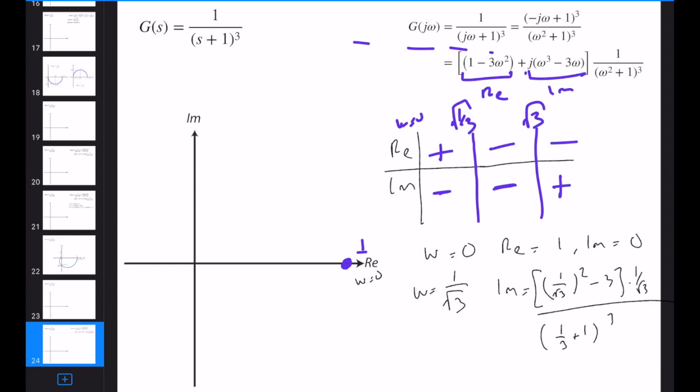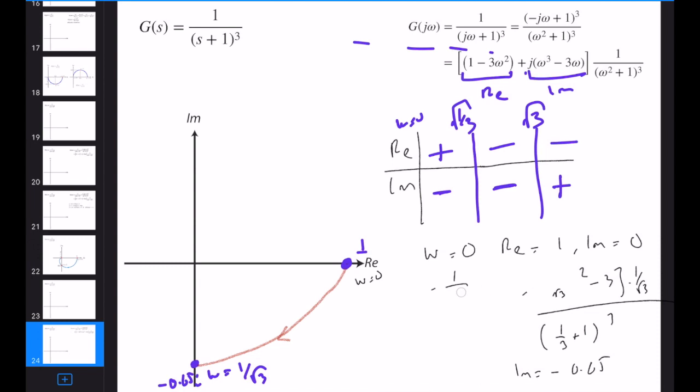If we do all of the computations, which is kind of ugly, we will have something like 0.65. So here we will cross this. Even the exact location is not very critical. Here omega is equal to 1 over square root of 3, and this is approximately 0.65j, and we have a polar plot something like this. Let's clean this.